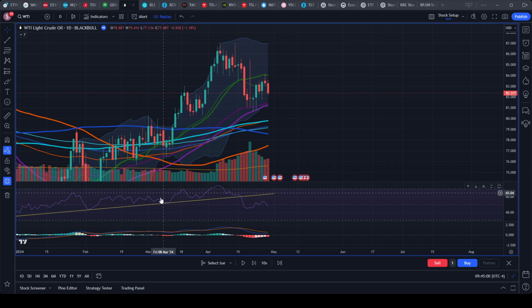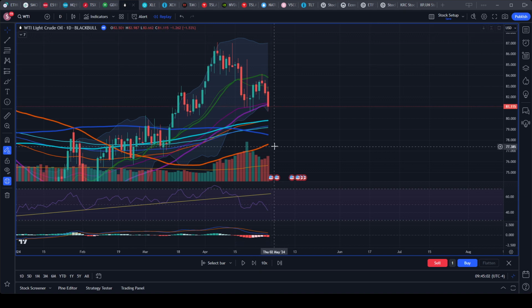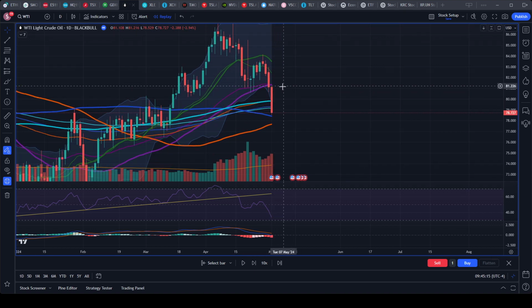If we take a look at the next red candle, we again have a full red body candle, so you can still hold it. Again, right now we have a full red body candle. You can still hold it. Don't cover it just yet.